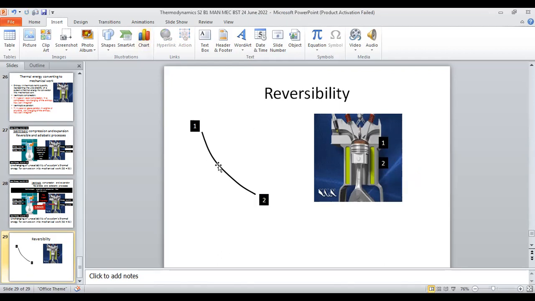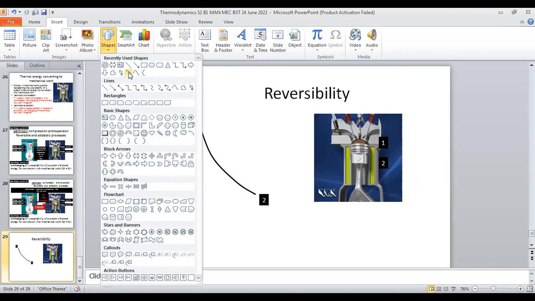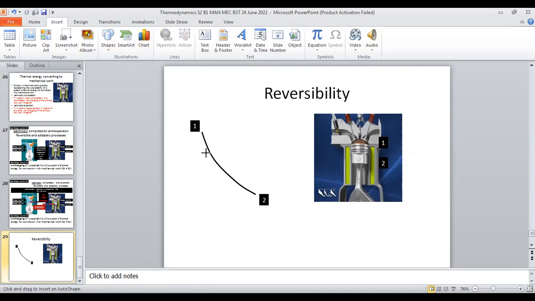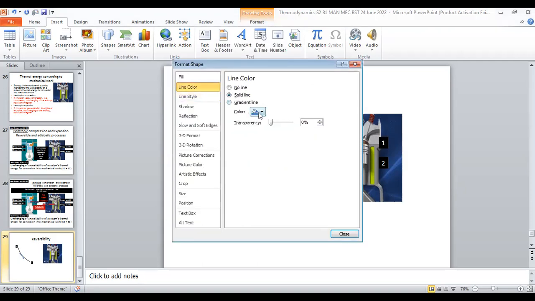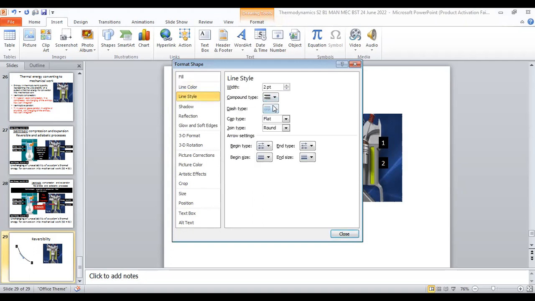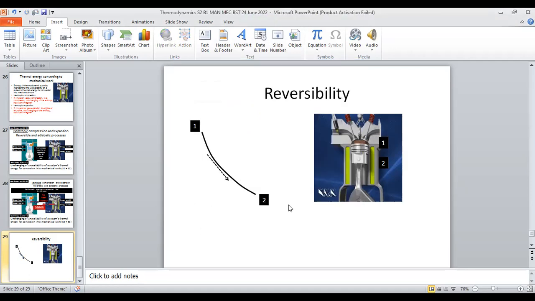So there is a direction for this from 1 to 2. One to two.